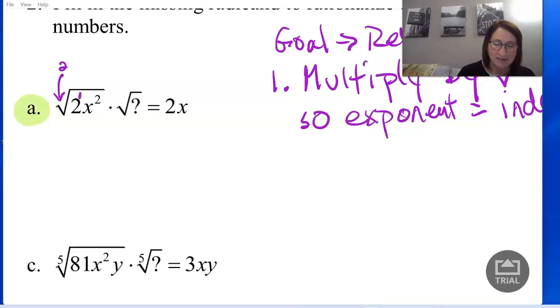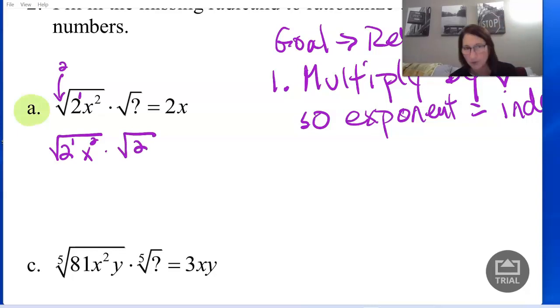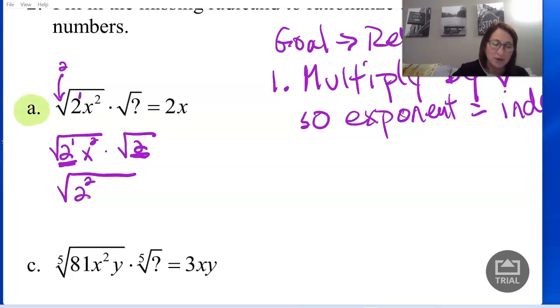So I've got 2 to the first x squared, and I'm going to multiply it by the square root of 2. So that would give us this 2 multiplied by that 2 would be 2 squared x squared.